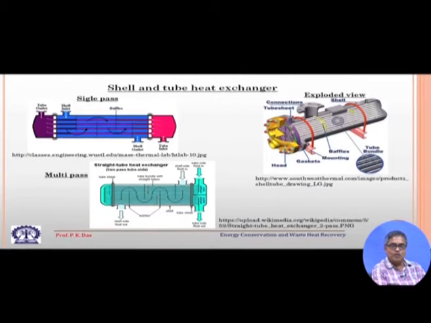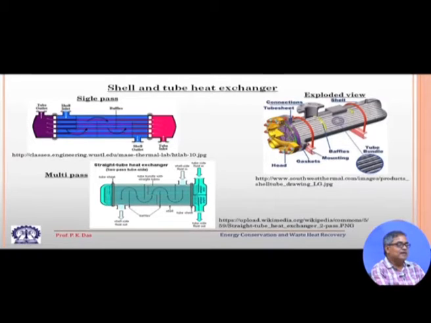There could be more than 2 passes, and there could be more number of passes on the shell side and on the tube side. Here we have shown a shell and tube heat exchanger, the cutaway view or the exploded view, whatever one may call it. You see the tubes, one can see the baffle, one can see this is called tube seat, where the tubes are held, and there are gaskets for the prevention of leakage.